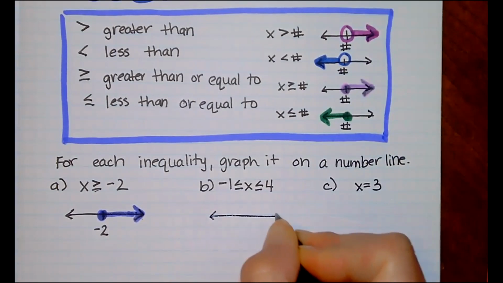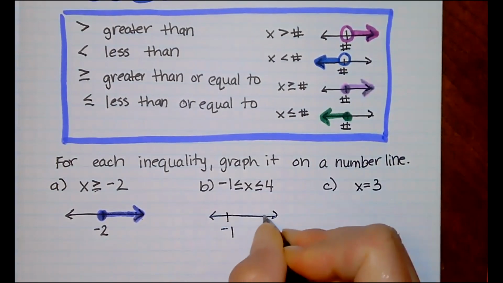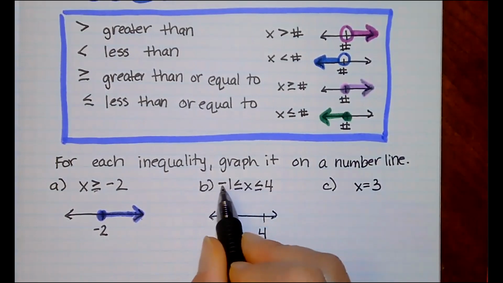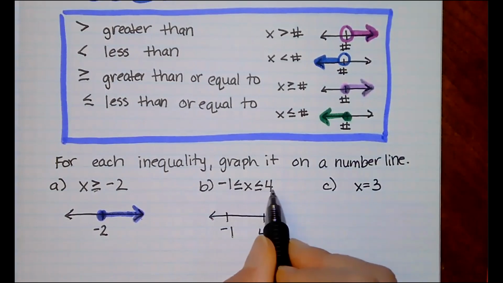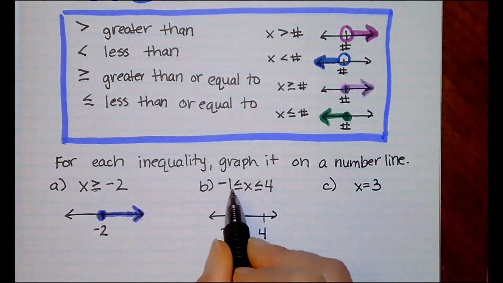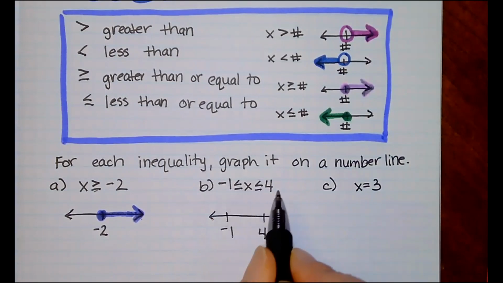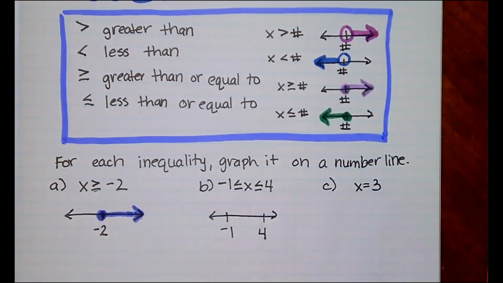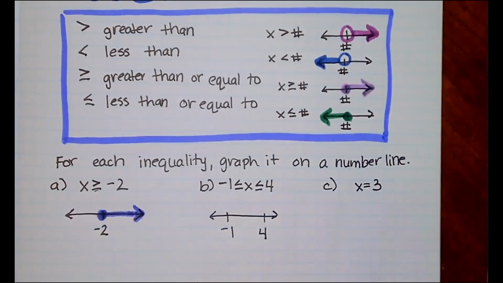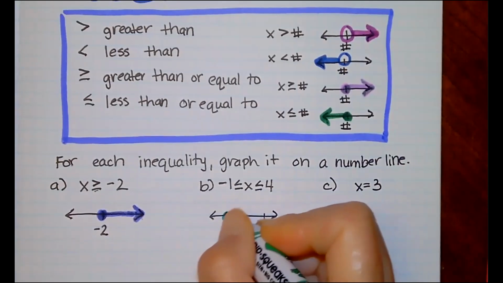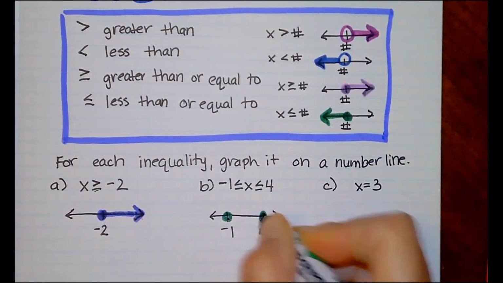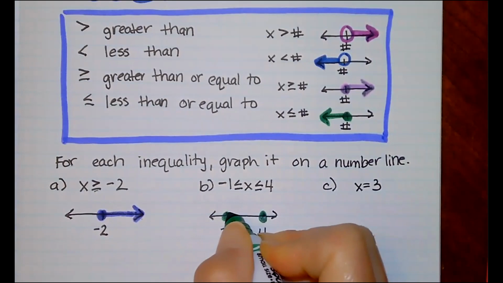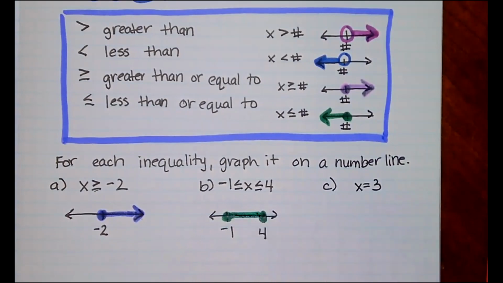So the way I like to think about this is I basically want all values that are in between -1 and 4, including -1 and including 4. So since I said including -1 and including 4, I'm going to have closed circles at -1 and at 4. And then again, I want everything that is in between them. So I'm going to be shading like that.